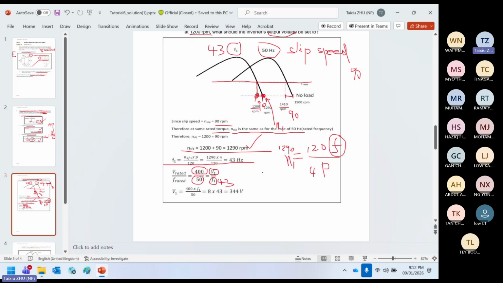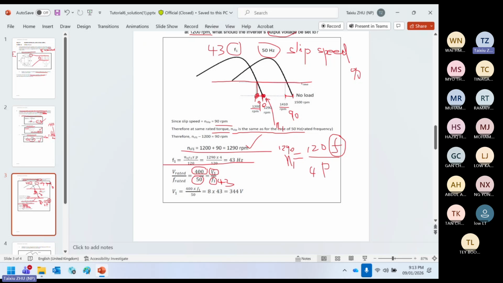But for extremely low frequency, like a few hertz, 1, 2, 3, 4 hertz, then we have to change the control method, from constant V/F to constant voltage. But here, 43 hertz is quite far away from the very low frequency, usually a few hertz.